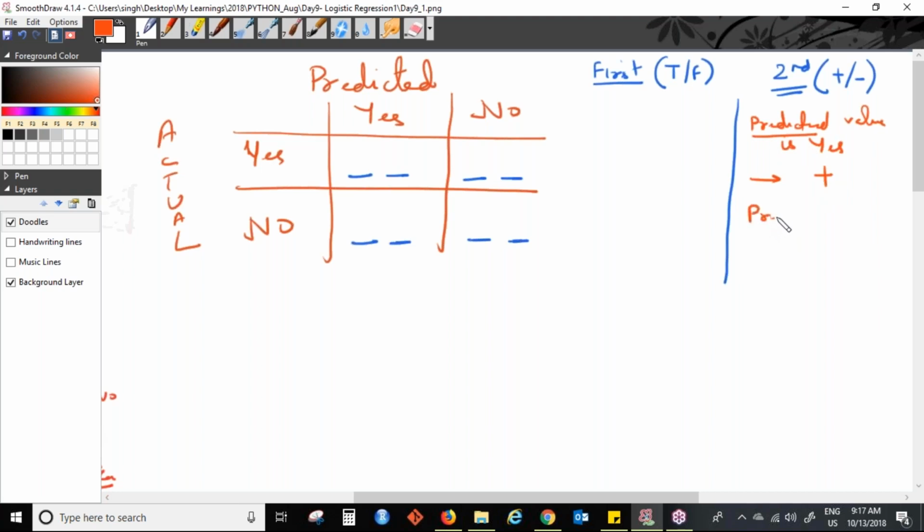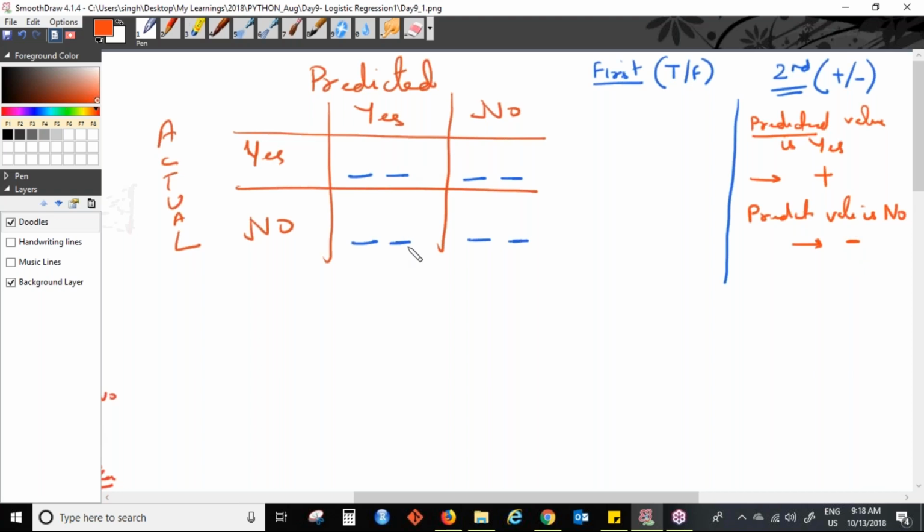If your predicted value is no, the second word is negative. Is that clear?